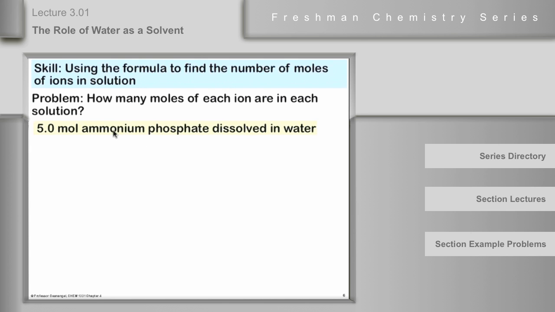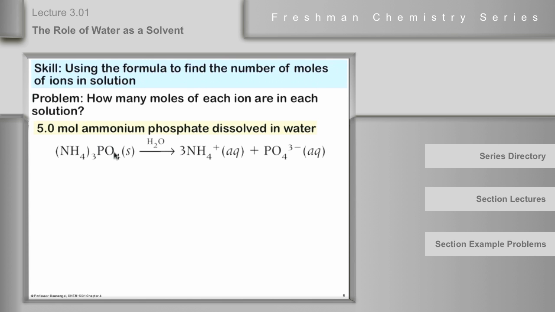So you would have to know the constitution of an ammonium ion and its charge and the phosphate ion as well. And then you would get the formula, and then you would use 5 moles of that formula to figure out how many moles of ions would be produced. Phosphate ion is PO4 with 3 negative charges. Ammonium ion has a single positive charge, so it will take 3 ammonium ions to balance the charge of phosphate.